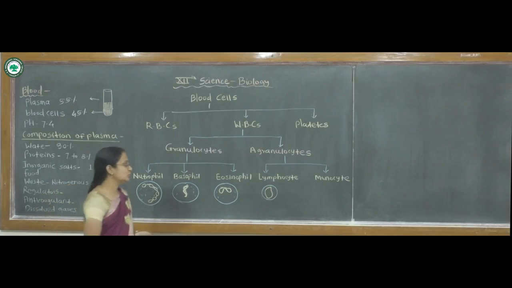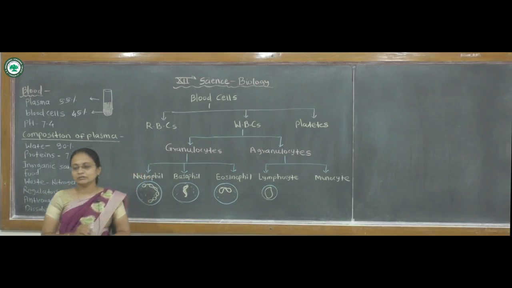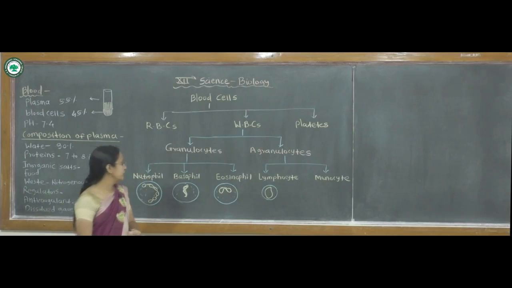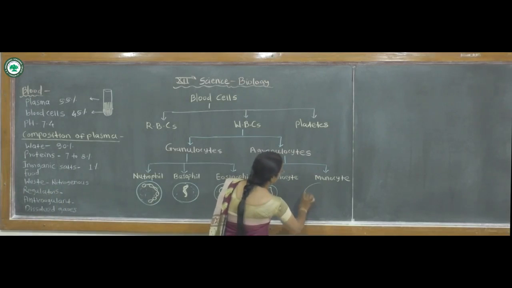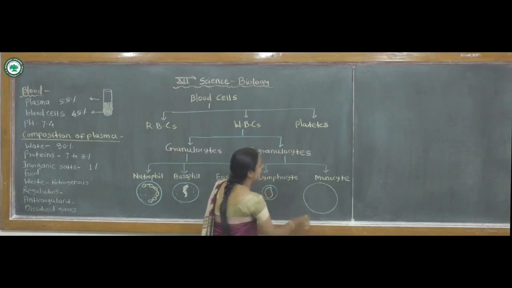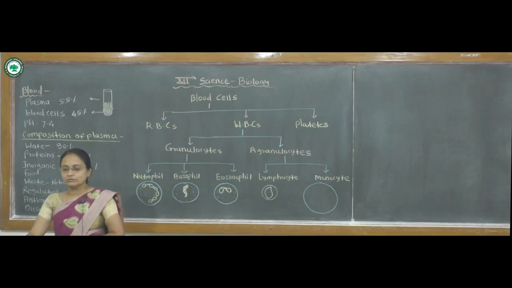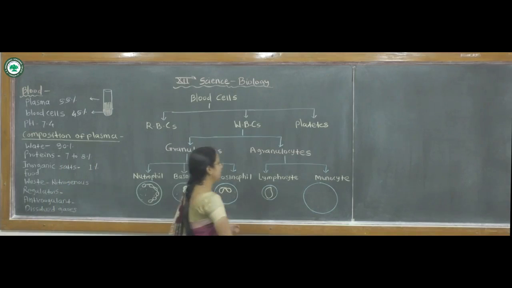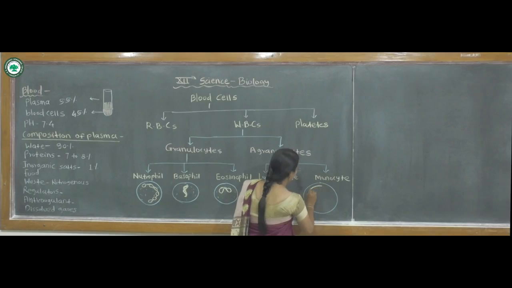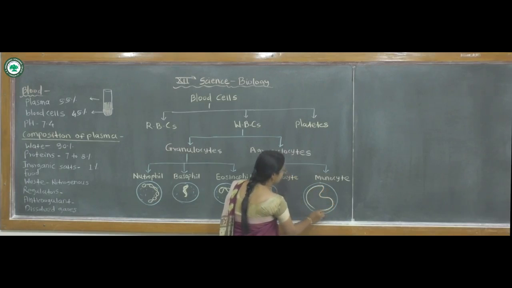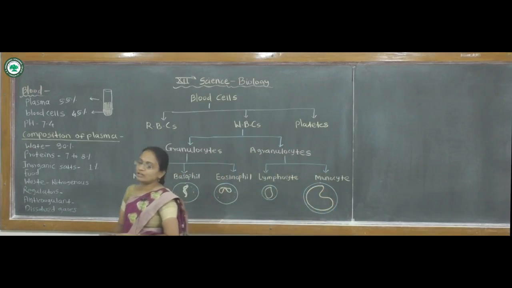Now the monocyte. Along with the other cells, the monocyte is the largest cell of all the WBCs, and this cell also shows a clear cytoplasm. The nucleus is bean shaped as well as kidney shaped. It is also a large nucleus.